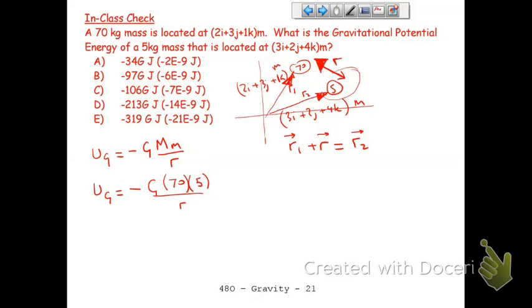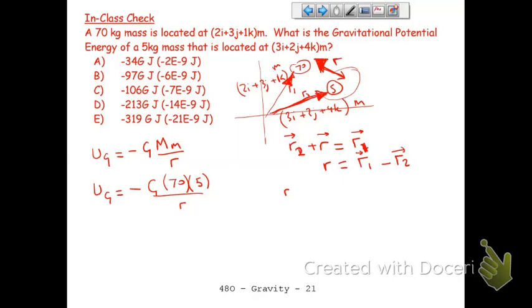So it's R2, I'm sorry, then I went and did it wrong. R2 plus R is equal to R1. That guy there, which is R2, plus that guy there, which is R, is equal to R1. So R is equal to R1 minus R2.